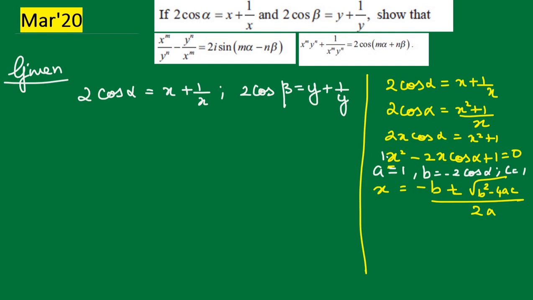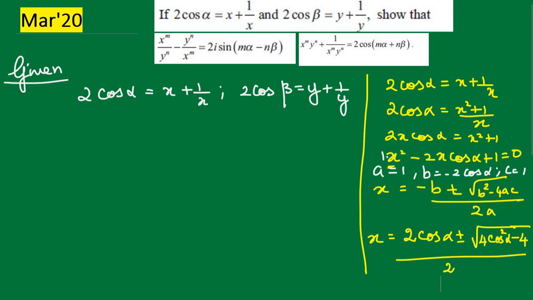Substituting all these values, we get x is equal to minus b, so minus of minus gives us 2 cos alpha, plus or minus root of b square. 2 cos alpha whole square is 4 cos square alpha, minus 4ac, 4 into 1. So this is 4 cos square alpha minus 4, whole divided by 2a, that is 2.